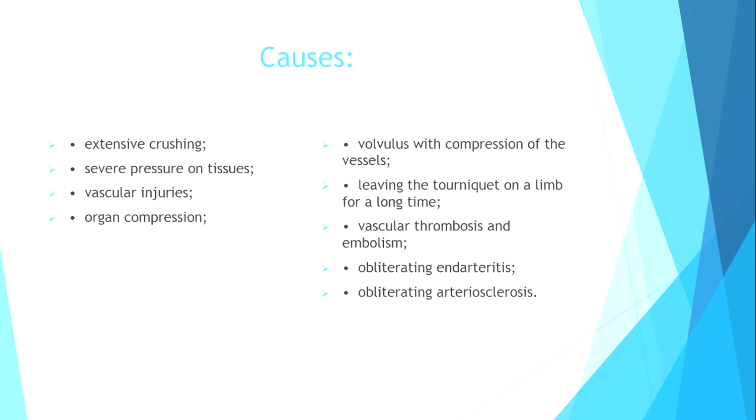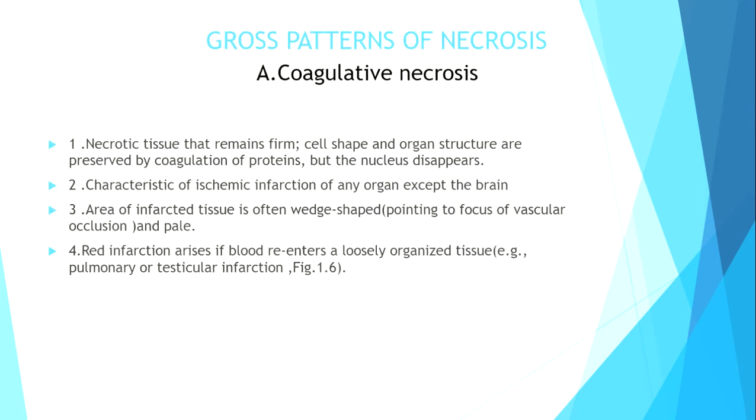Causes: extensive crushing, severe pressure on tissues, vascular injuries, organ compression, bolus with compression of the vessels, leaving the tourniquet on a limb for a long time, vascular thrombosis and embolism, obliterating endarteritis, obliterating arteriosclerosis.